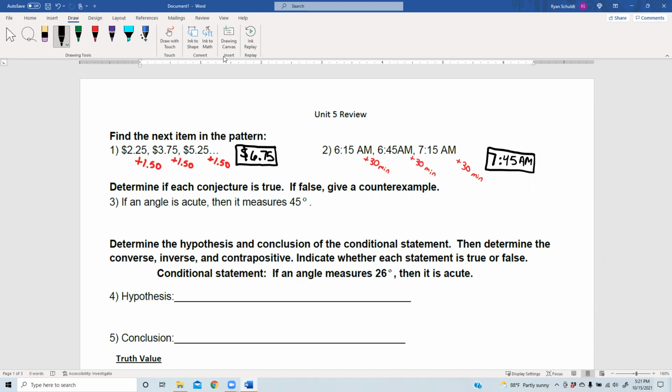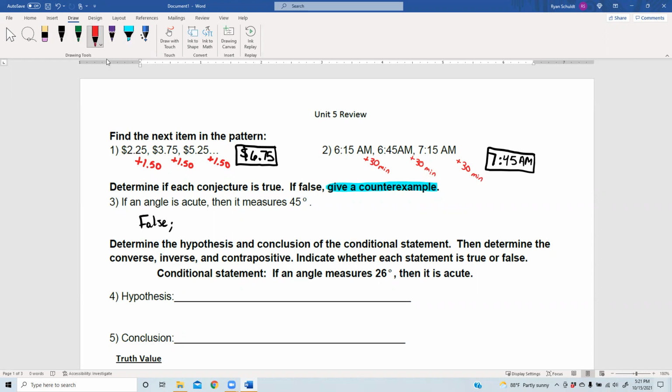We have to stop and ask ourselves, if an angle is acute, does it have to be 45 degrees to be acute? No. So this would be false. And so then we've got to give a counterexample.